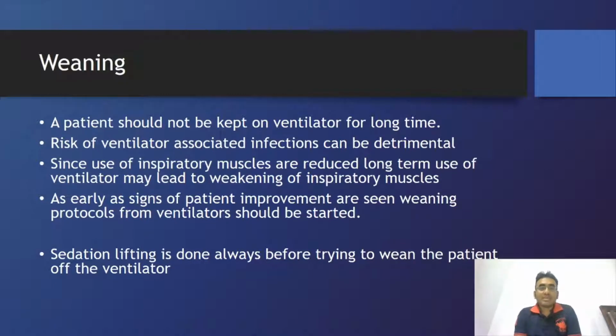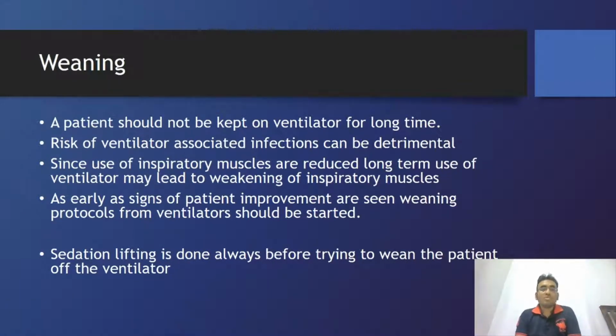The next thing is that since you are giving support continuously, the inspiratory muscles, the diaphragm and the intercostal muscles, whose actual function is to take inspiration, get weak because they are not pumping. They are not generating that much force because you are giving the force from outside.